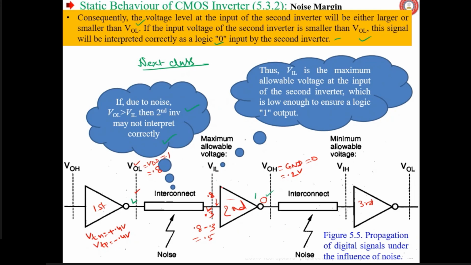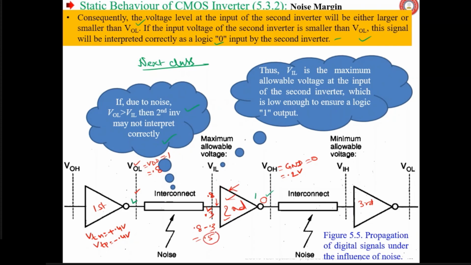What is the situation of the P MOSFET and the N MOSFET in this second inverter? The P MOSFET in this case, second inverter case, will be what?